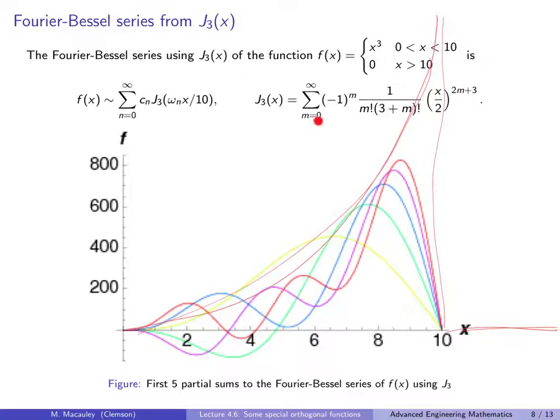So here's what the function j3 looks like. So we're talking about dilates of that. And what is graphed here, these are not the dilates of the function. These are the first 5 partial sums. So recall that a partial sum, S capital N, is the sum from n equals 0 to capital N of Cn j3 of omega n x over 10.